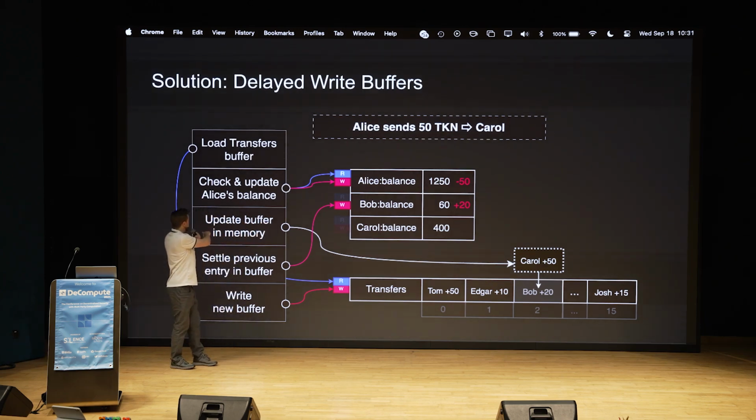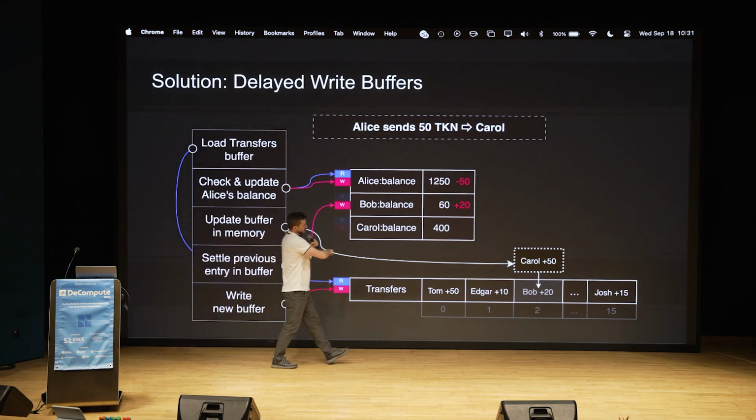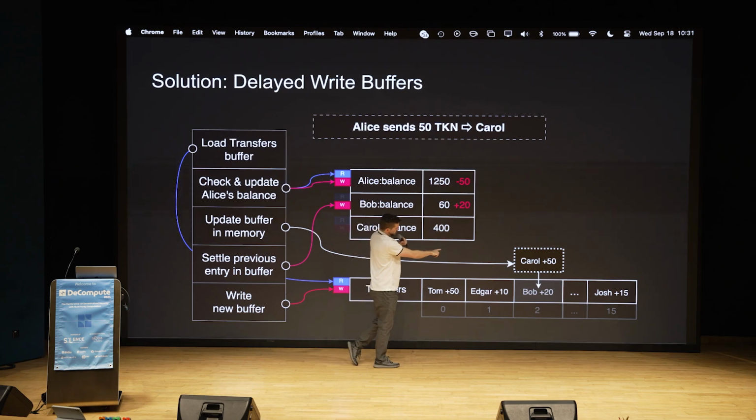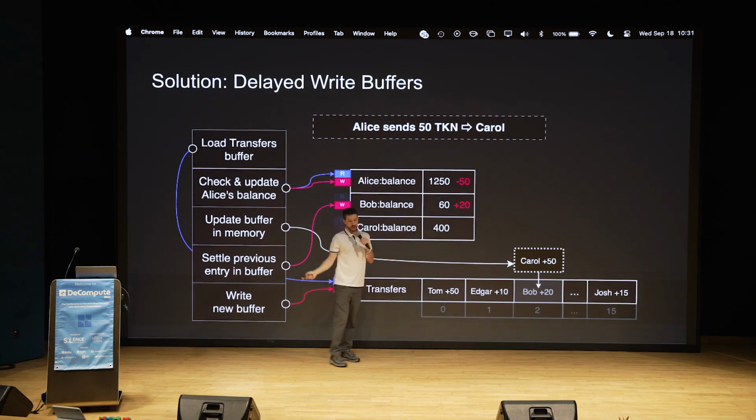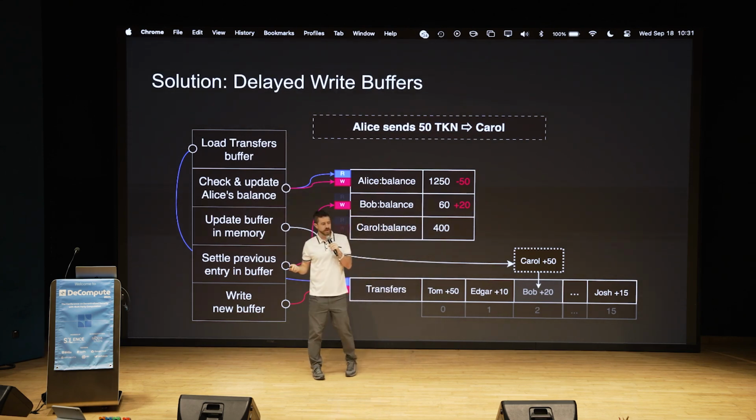The next step is that we update this buffer that we now have in memory. So we're going to add an entry to increase Carol's balance by 50. But to do that, we have to evict an entry from the buffer. And this is the part where we achieve privacy, because we randomly select one of these entries to evict. The randomness is provided by secret VRF, which is verifiable randomness provided by the validator set.